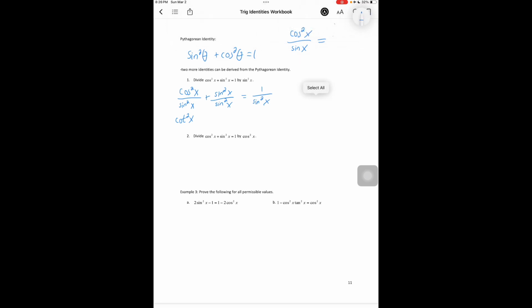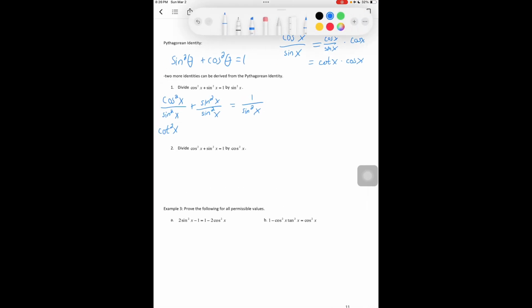This is going to be equal to cos x over sine x times cos x, which is the same thing as cotangent x times cos x. So in order for it to be a full cotangent, they have to have the same exponent. And if they don't, then you have to break it up like this.